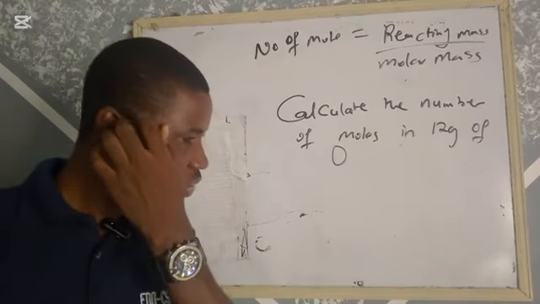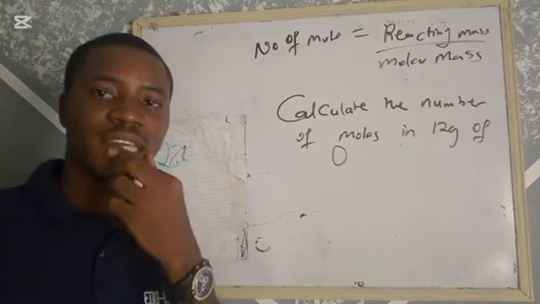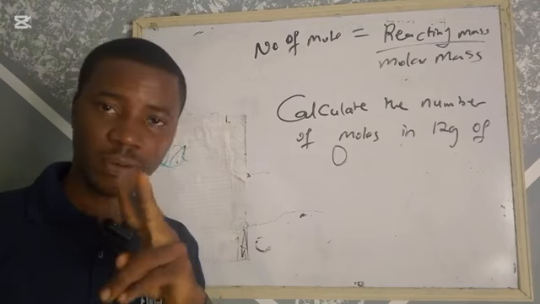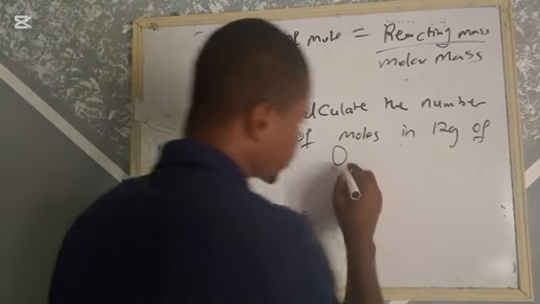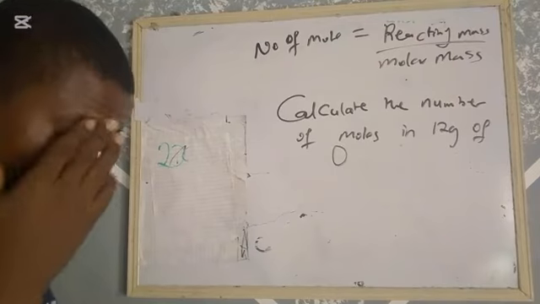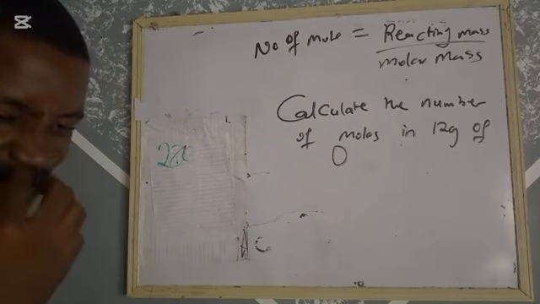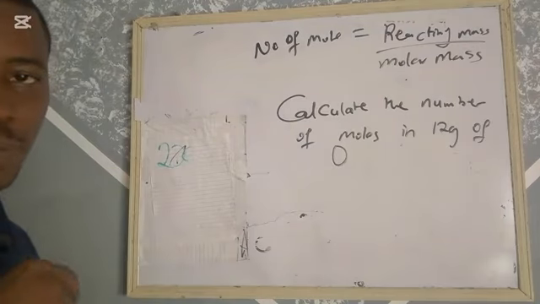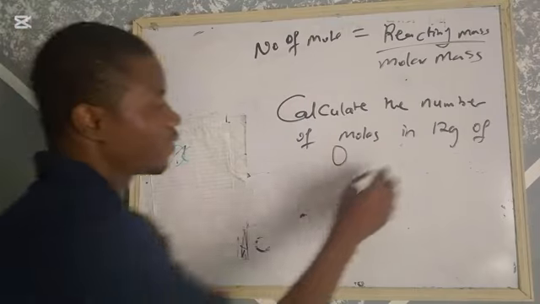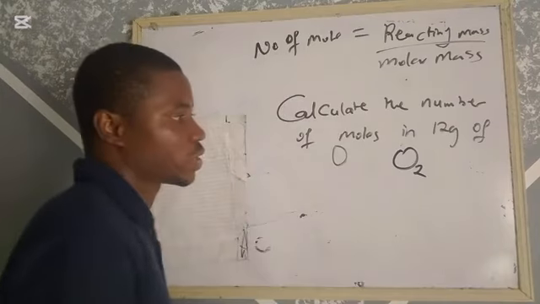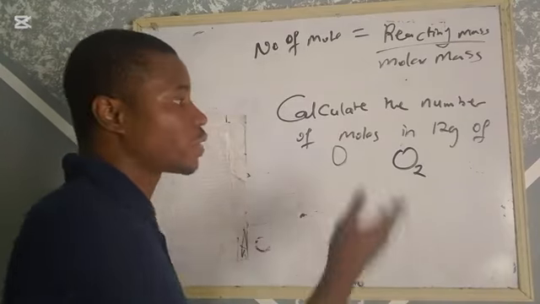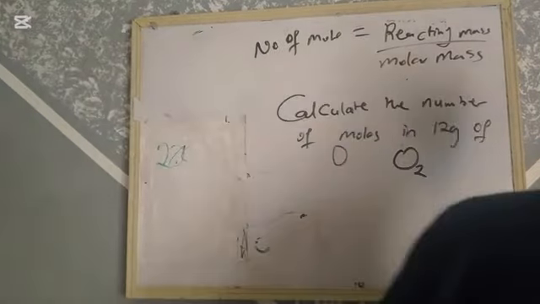In other words, if I say diatomic molecule, it means it exists in a two-atom form. Oxygen does not exist as a monoatomic molecule. It exists as a diatomic molecule. So we have oxygen, O2. Remember, the relative atomic mass of oxygen is 16. So if you have to solve this question, look at what you do here.